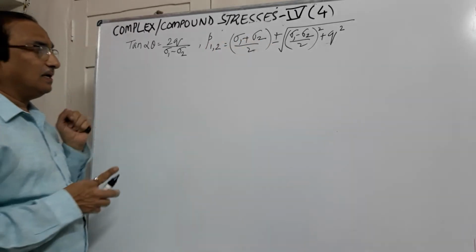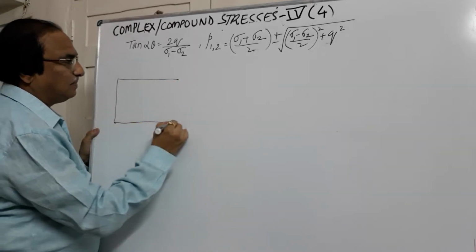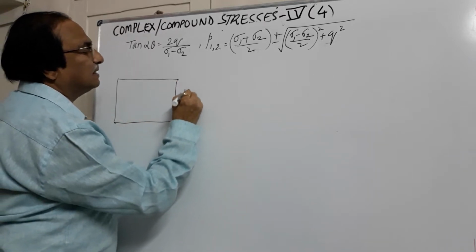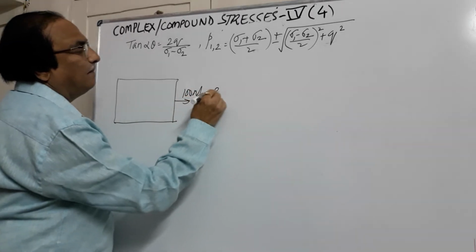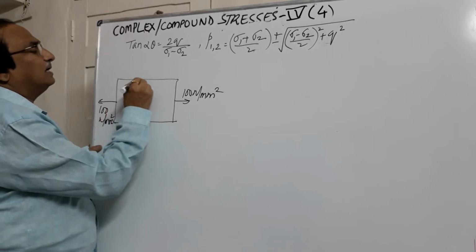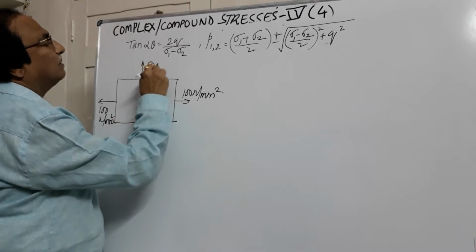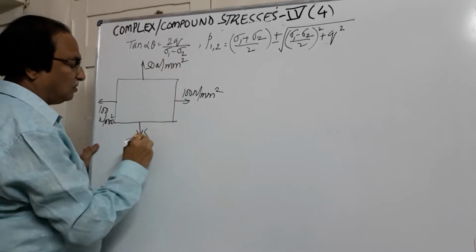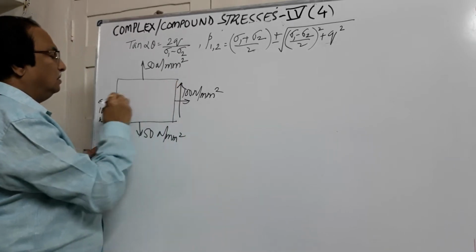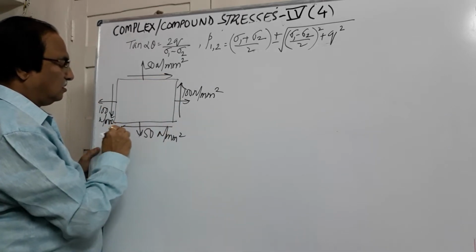Let us take an example and find out, for a system of forces, where the principal plane is and what the principal stresses acting on those planes are. Suppose I take this as 100 Newton per mm square, and if I take the stress in the other direction, in the y direction, as say 50 Newton per mm square, and this is subjected to shear, anti-clockwise on this face and clockwise on the other face.